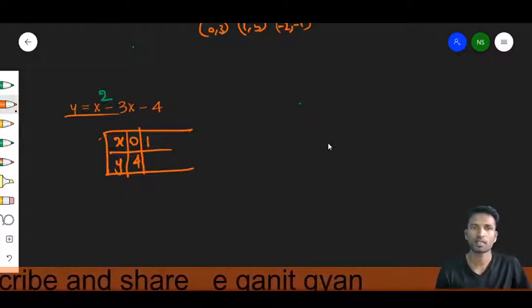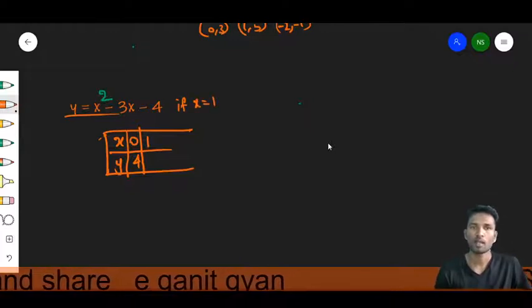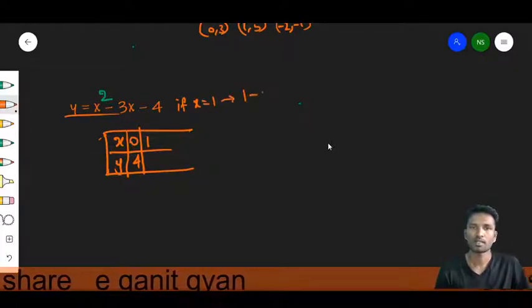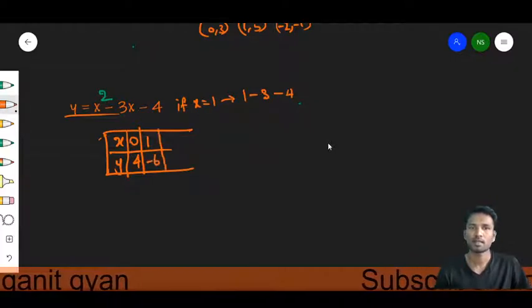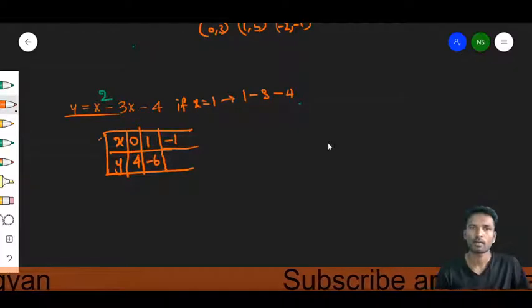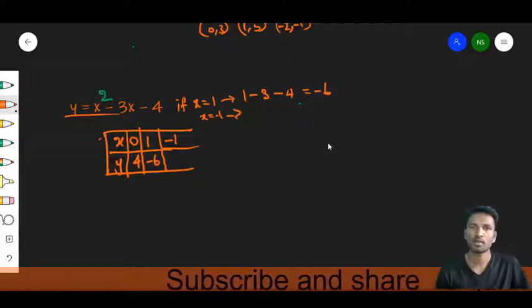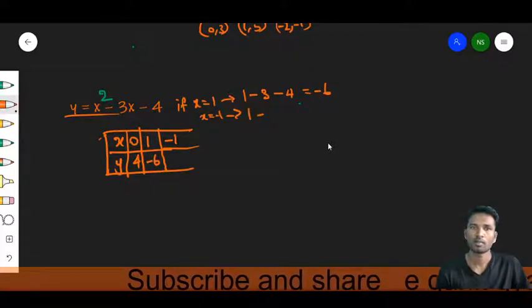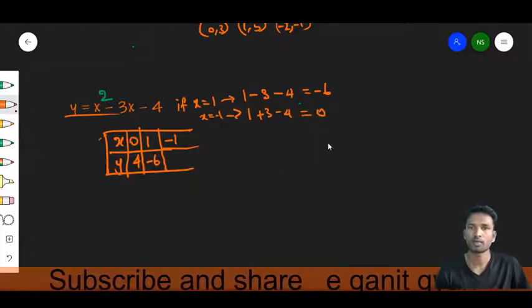If x is equal to 1, if I substitute here, I will get 1 minus 3 minus 4, 1 minus 7 is minus 6. Then I will take x value minus 1. If x is minus 1, I will get 1 plus 3 minus 4, I will get 0.